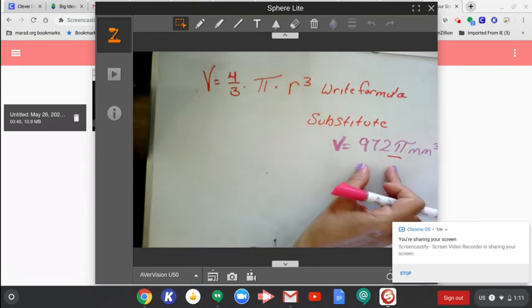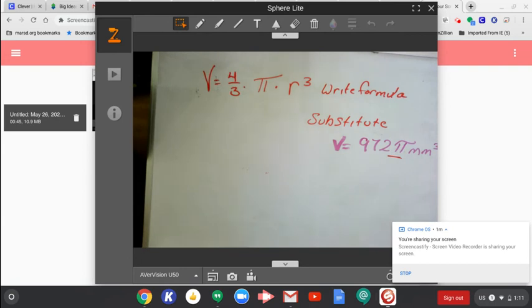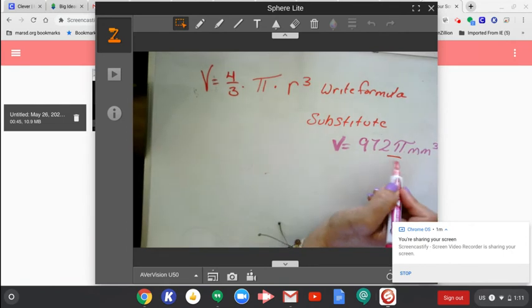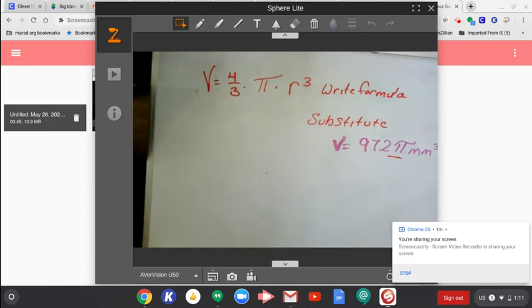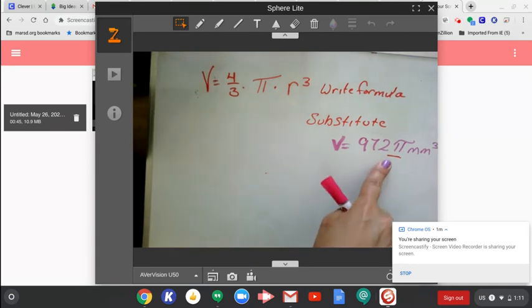If you wanted a closer estimate of the volume, you could multiply this number by 3.14. The problems you have today are all in terms of pi, so we'll just leave it as that and find out how to do this.